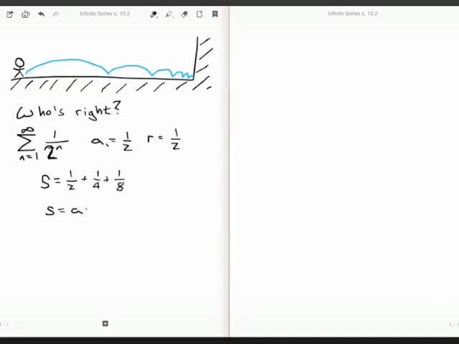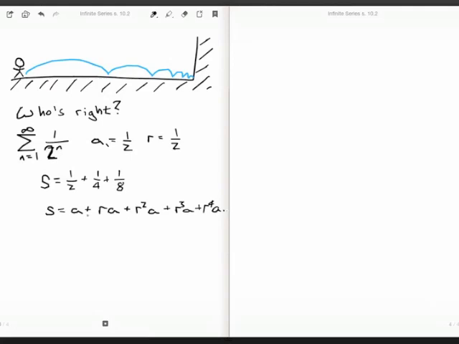You'll see why in a sec. Plus some common ratio times A. In this case, it's 1/2. Plus the common ratio times this again, so it becomes R squared A plus R cubed A plus R fourth A. And that's going to go on and on and on.